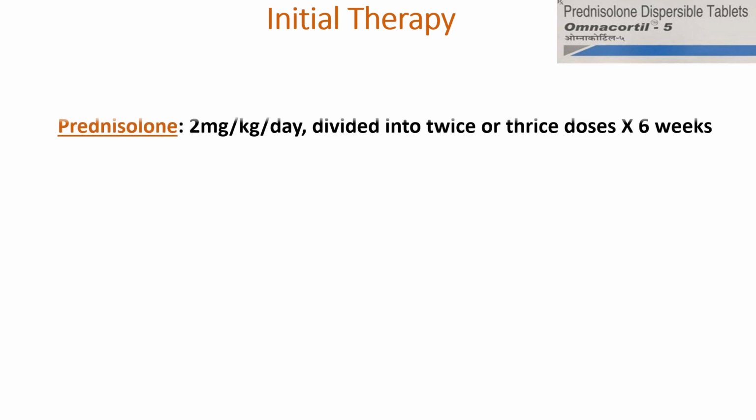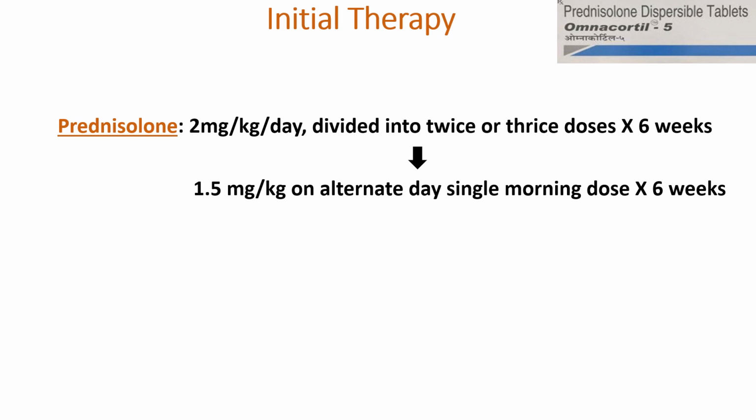In initial therapy, we start prednisolone 2 mg per kilogram per day, divided into 2 or 3 doses for 6 weeks, followed by 1.5 mg per kilogram alternate day single morning dose for the next 6 weeks. So the total duration is 3 months for initial therapy with prednisolone.